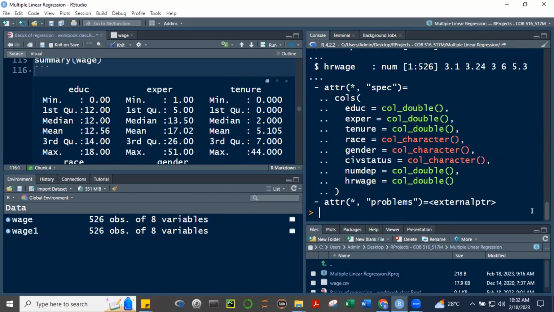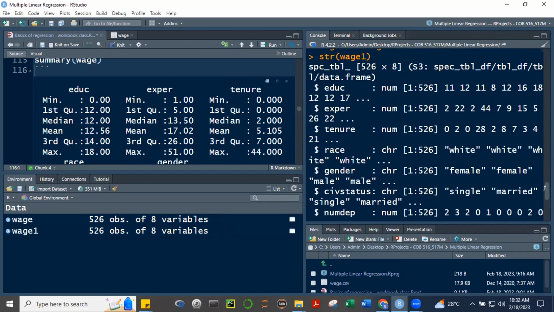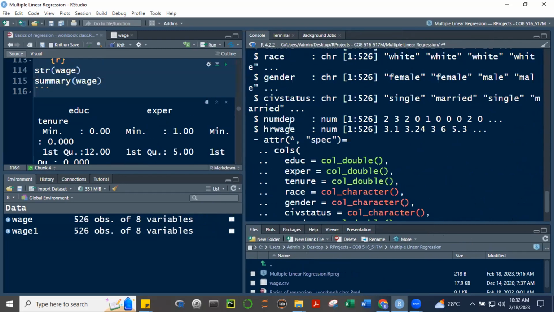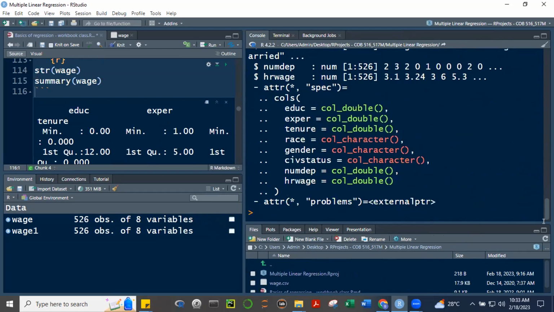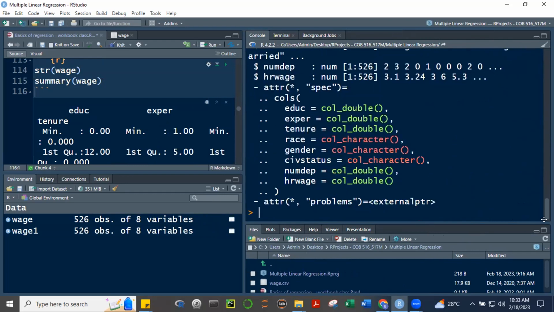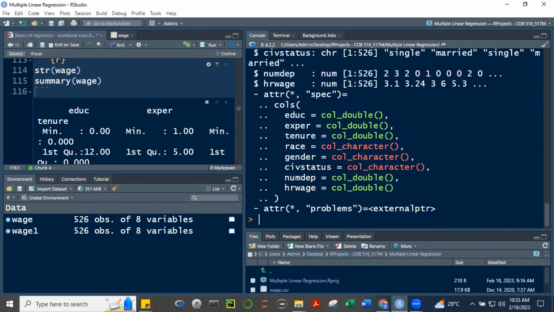So si wage1 natin, alam natin na race, gender, and civil status, they're all characters. Okay, now what I'm going to do is I'm going to change, kunyari si race. Si race gagawin kong categorical variable or factor. So how do I do that?